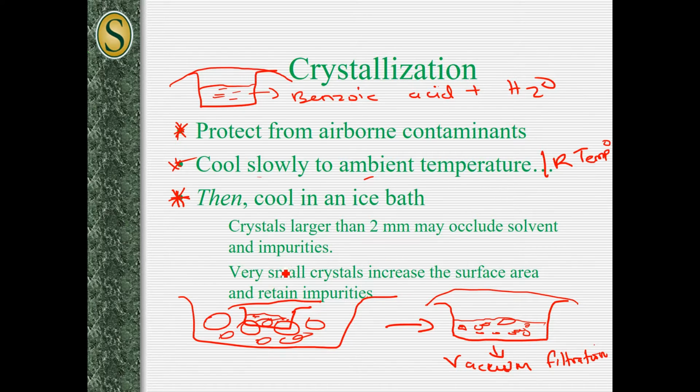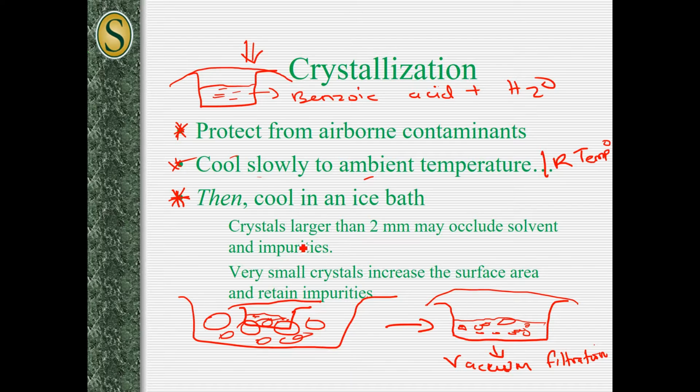Now, you don't want to cool it too quickly. You don't want to take your hot beaker right here and place it on ice. You have to at least get it to room temperature before you stick it on ice. If you cool it quickly, then you're going to get very small crystals, which increase the surface area and retain impurities.